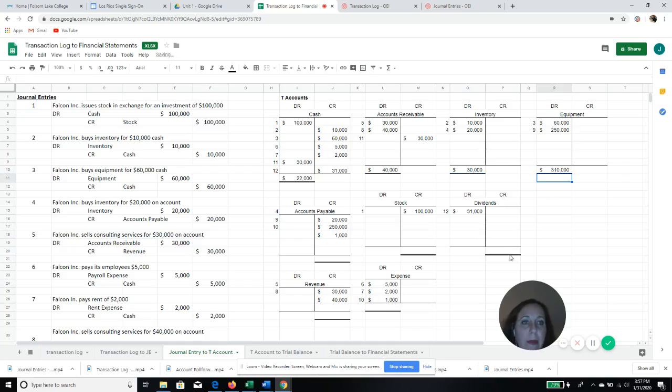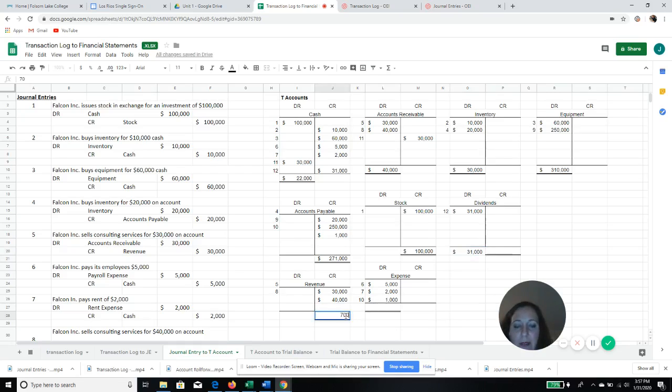$310,000 debit balance. Accounts payable doesn't actually have any debits. This is going to have a $21,000 credit balance. Stock will have a $100,000 credit balance. Dividends, oh, look at that, I've got my line on the wrong side, is going to have a $31,000 debit balance.